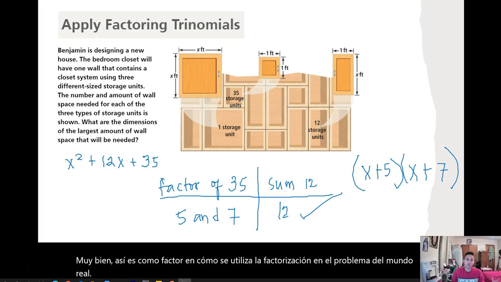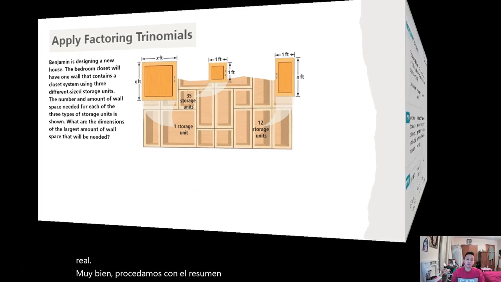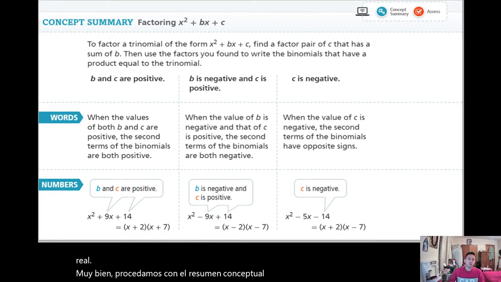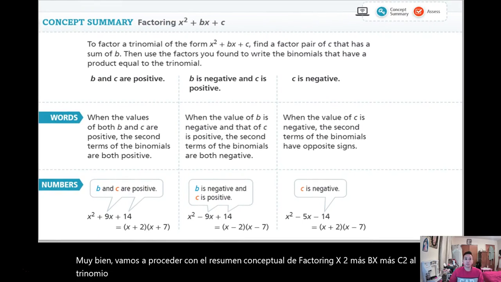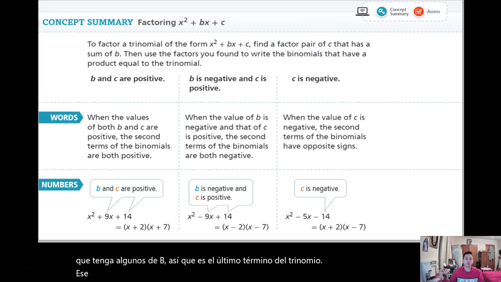All right, let's proceed with the concept summary of factoring x squared plus bx plus c. To factor a trinomial of the form x squared plus bx plus c, find the factor pair of c that has a sum of b. So c is the last term of the trinomial, and the sum would be the middle term.